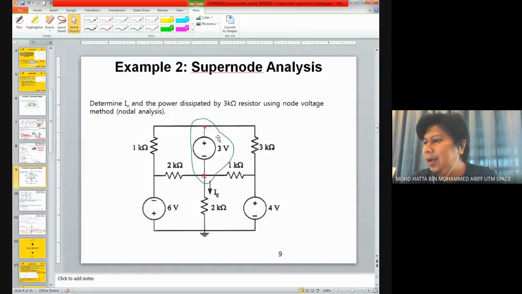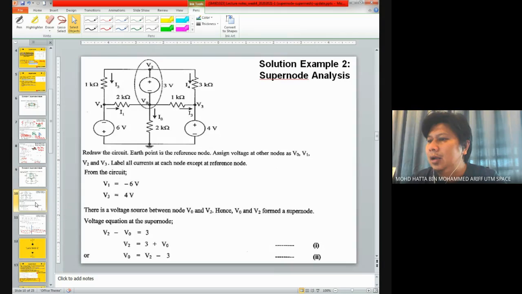So let's say we assign I1 in that direction, I2 in that direction. We keep I/O in that direction, and I3, and also I4. And we know that this is where the supernode is located.